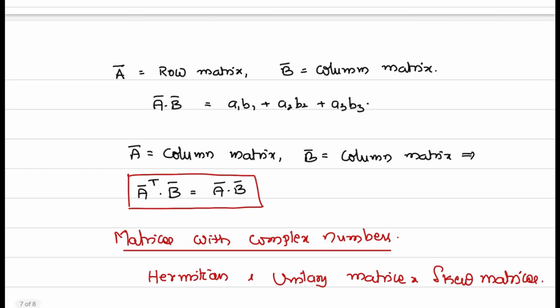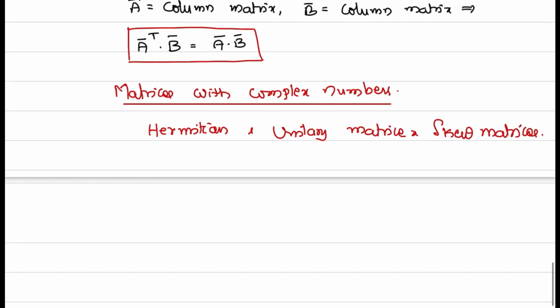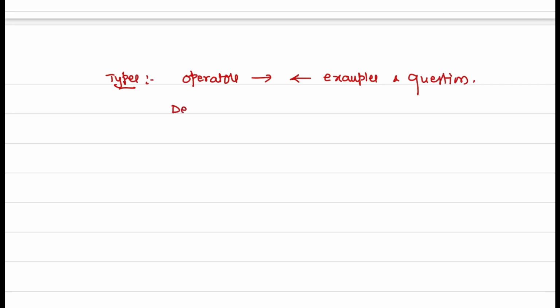Then we will take up the problems in the types of matrices. Afterwards, we will go into the operation of matrices. Here, types of matrices will be completed. After that, we will go for operators. Before going to operators like addition, subtraction and multiplication, we will go for examples and questions from JEE Advanced, JEE Mains and Maths Olympiad on determinants and matrices.